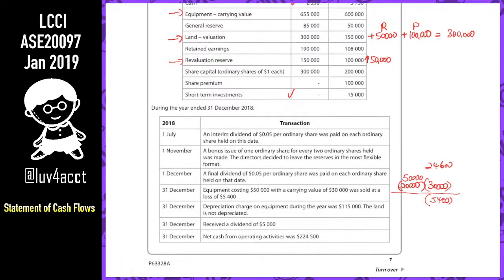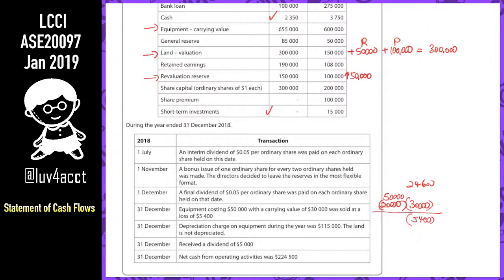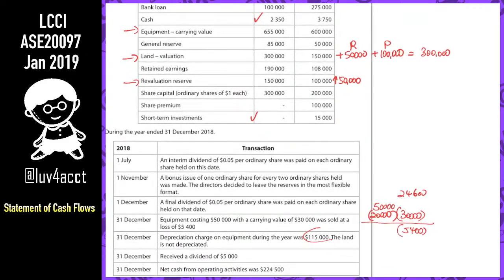Let us go back to the equipment. Depreciation charge given to you 115. So equipment 600 plus purchases, we don't know how much, minus disposal 30,000, minus depreciation 115,000 is equal to 655,000.